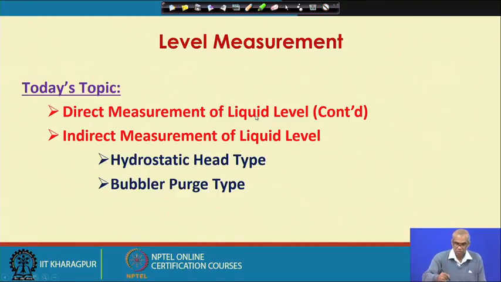So, this is our today's topic. Displacer type, we will continue with direct measurement of liquid level to complete the displacer type, and then under indirect measurement of liquid level, we will talk about hydrostatic head type and bubbler or purge type.